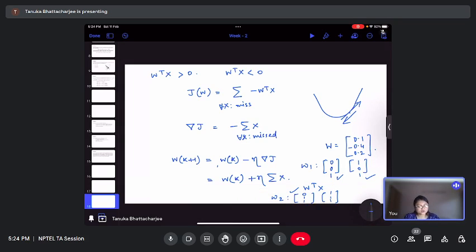So if you have 0, 1, 1, then w transpose x will be minus 0.4 plus 0.2, so minus 0.2, which is negative, so it will belong to class omega 2. And for all ones, your w transpose x will be minus 0.1, again negative, so it will belong to class omega 2. So the w value that we got is correctly classifying the samples from both the classes. So this is a correct convergence that we have achieved.